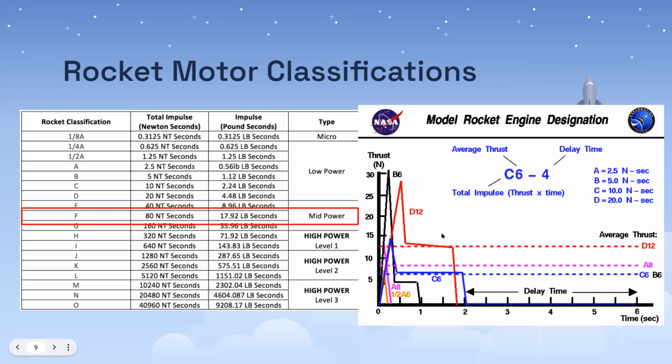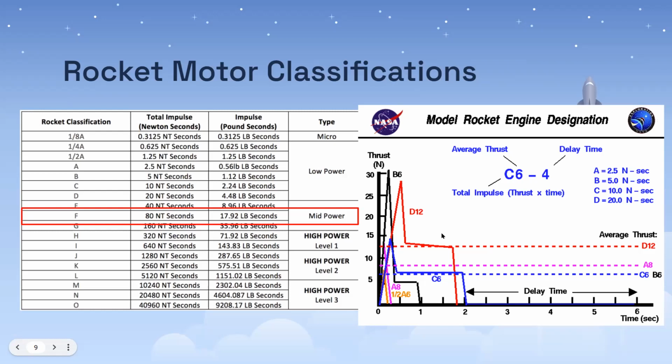And then the 6, so that's the second character, I suppose, is the average thrust that the motor is going to give you. We're going to explain average thrust in a bit. And then the last number is the delay time. So that's the amount of time that passes after the motor finishes burning and the time that the parachute is ejected.